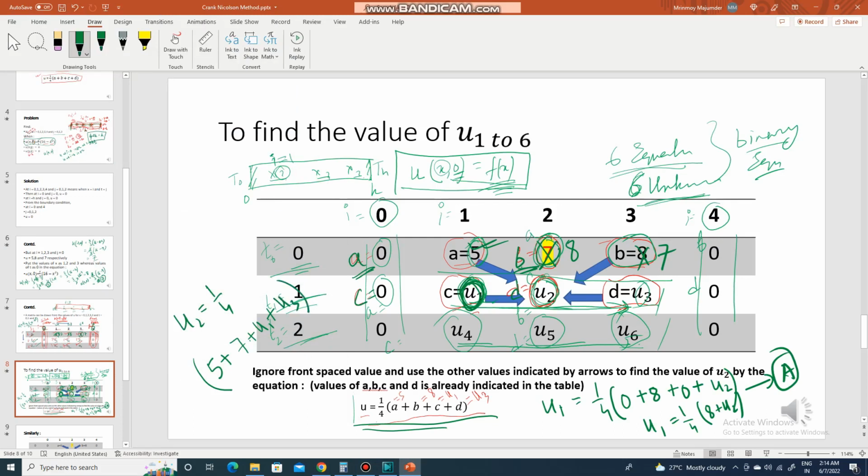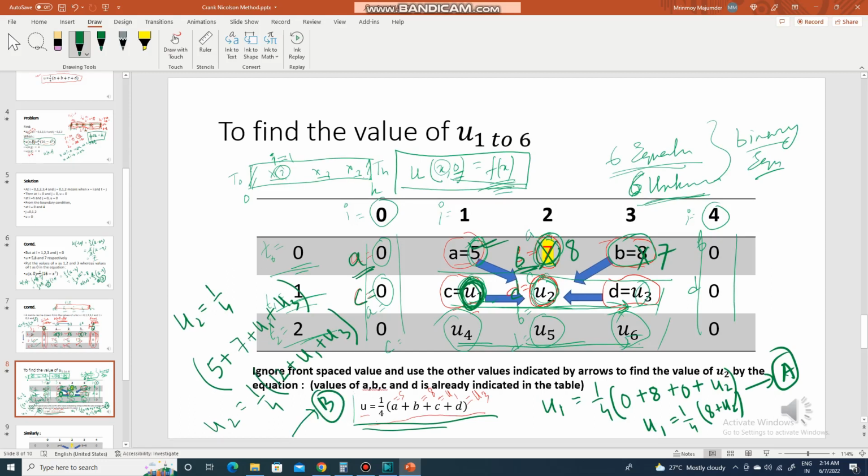Correct? Okay. So U2 will be equal to 1 by 4, 12 plus U1 plus U3. And then similarly we'll get U3. So this is for equation B.